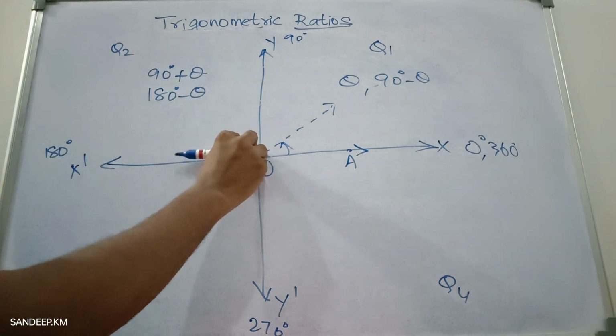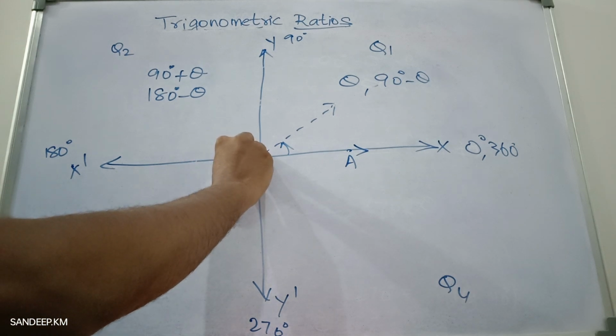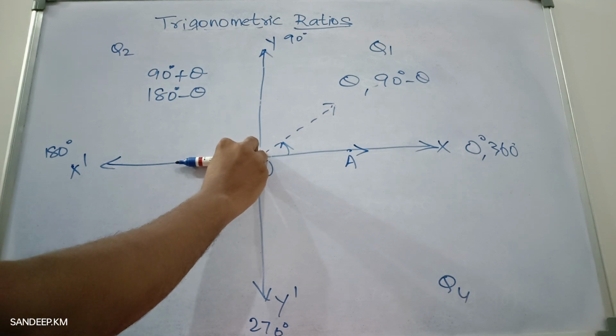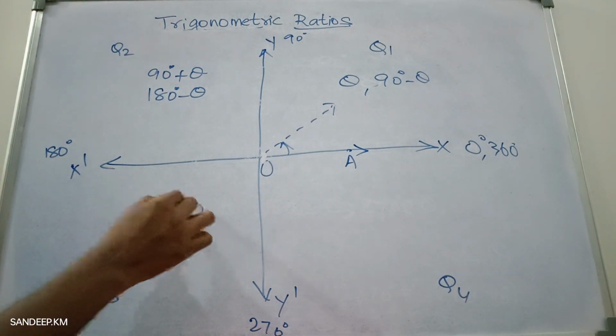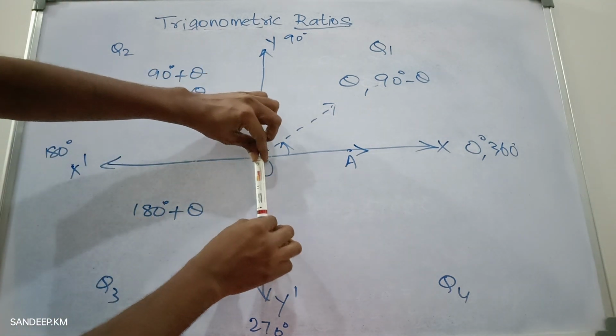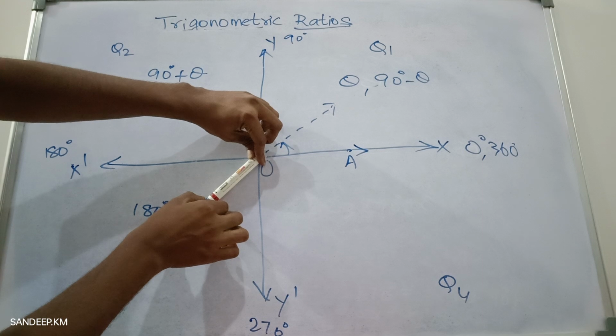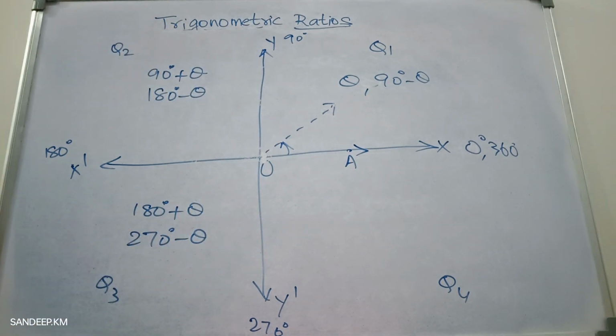Now again I am at 180 degrees. So if I travel front, meaning anti-clockwise, or back, meaning clockwise. Okay, I am at 180 degrees, and if I travel front, then 180 degrees plus theta is an angle in the third quadrant. Now I am at 270 degrees, and if I travel back, then 270 degrees minus theta, which is an angle in the third quadrant.